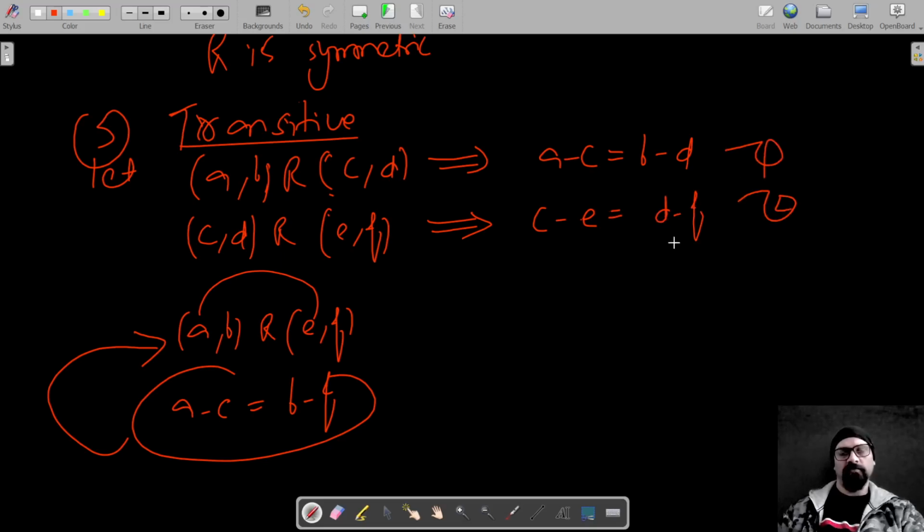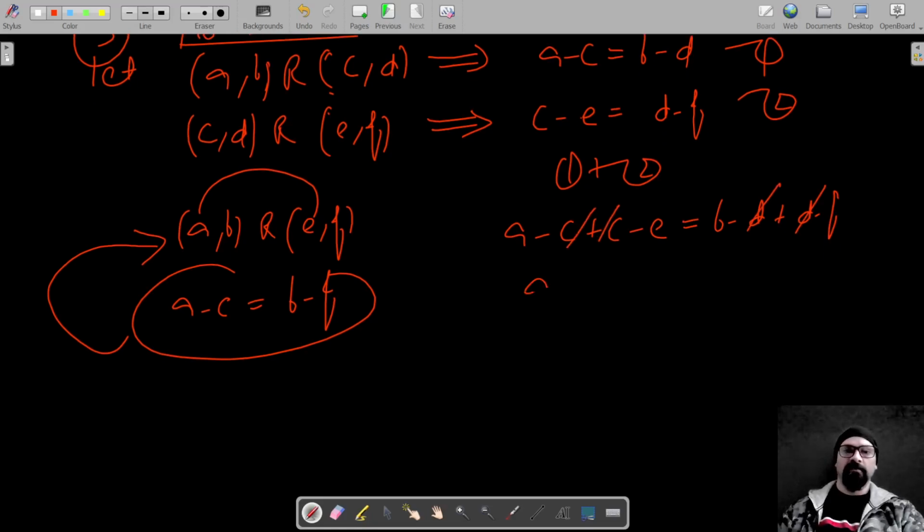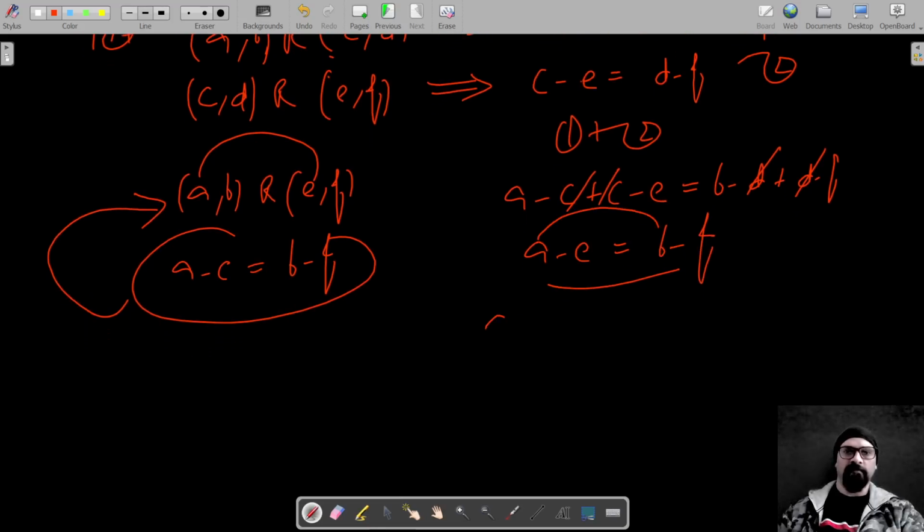So let's add these two. If I add 1 plus 2, which gives me a minus c plus c minus e is equal to b minus d plus d minus f. So this gets cancelled. So a minus e is equal to b minus f. So we are able to prove that a minus e is equal to b minus f. So that means (a, b) is in relation with (e, f).